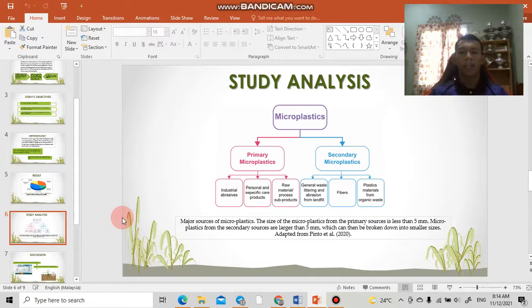Alright, and then secondary microplastic. Right, first, general waste littering and abrasion from landfill, fiber, plastic material from organic waste. So secondary microplastic can come from recycled raw material from the primary microplastic.